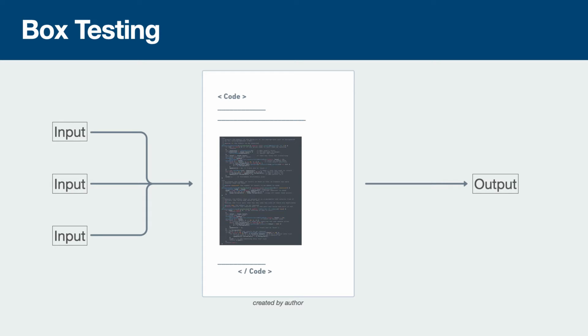But before we move ahead, pause and think about what comes to your mind when you hear the term black box. And what can you infer about black box testing based on that?